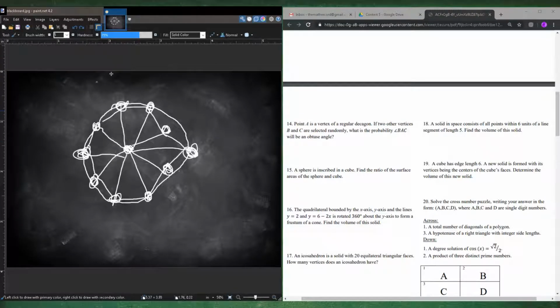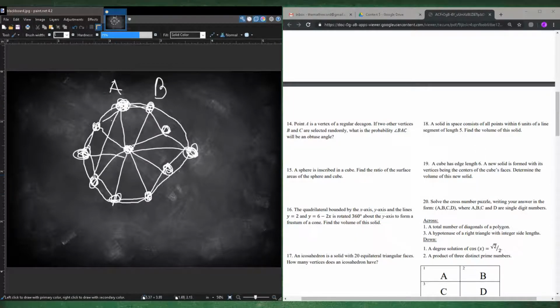So let's just say we focus on this point first. If this was A, and let's say this one's B, and we make a point right here, then basically we need to have 6 points away. So 1, 2, 3, 4, 5, 6.